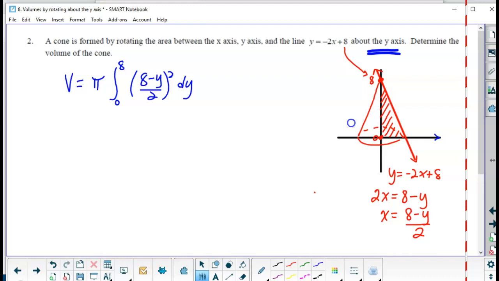So flipping your page and looking at the y-axis going upwards, turn it sideways, with the y-axis horizontally going to 8. So it's from 0 to 8. So let's expand this out. That's going to be 64 minus 16y plus y squared over 4. I'm going to bring the 4 out front.